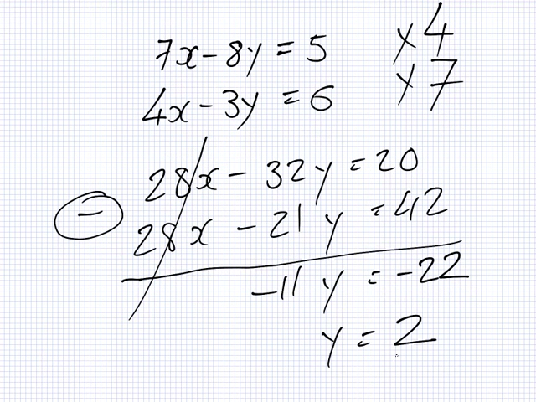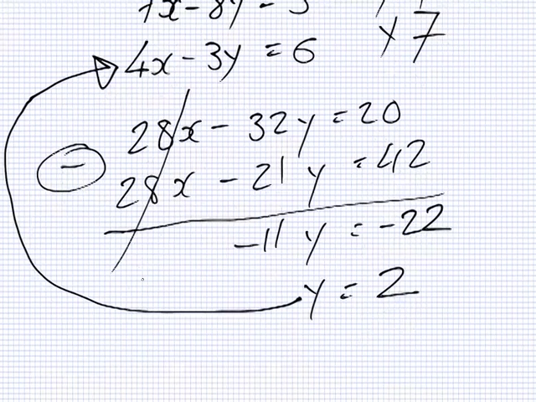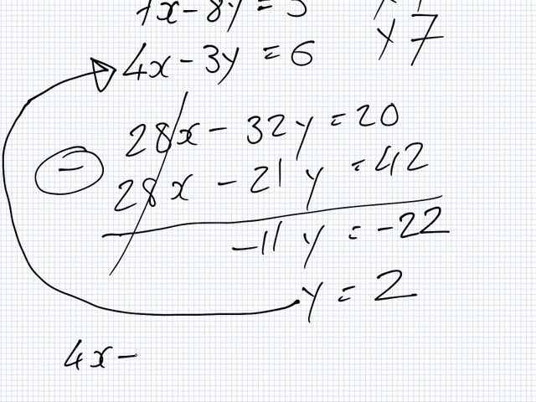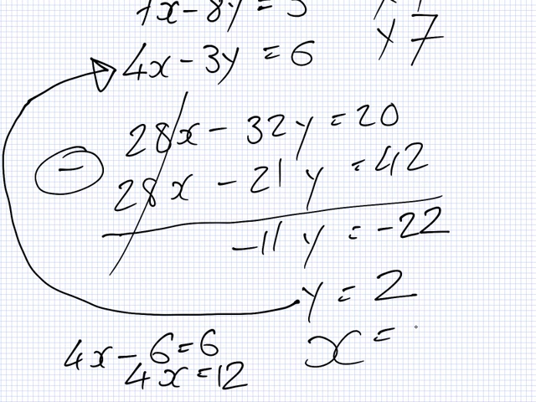To get the x, put it back into, let's say, this one. So we get 4x minus 3 times 2 is 6, equals 6. So 4x equals 12. So what's x? 3. So the answer is 3, 2.